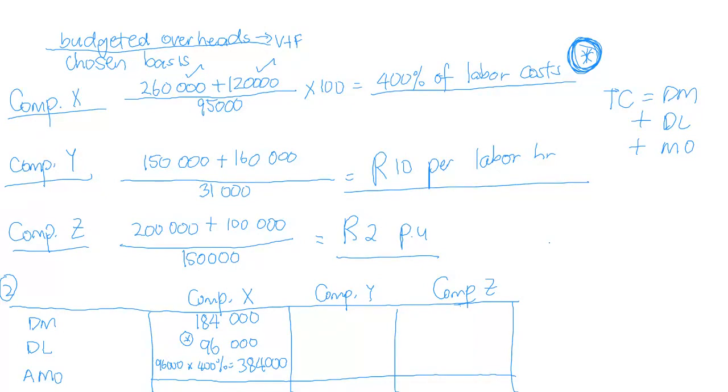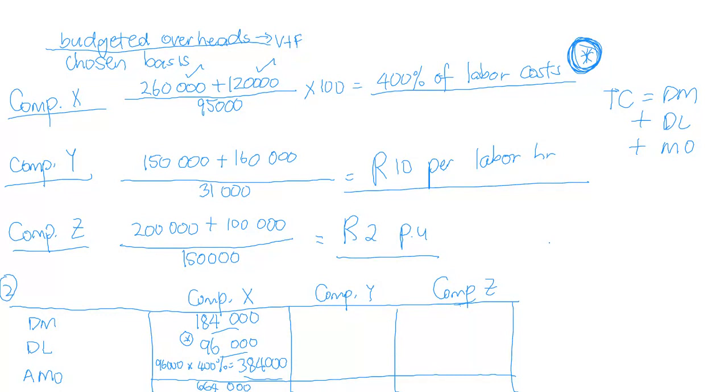So now for your total, you're just going to sum up the material, the labor, and this overhead of 384,000, and altogether that gives you 664,000 Rand. So that's your total manufacturing cost for company X. For company Y now, exactly the same process, the direct material from that second table.